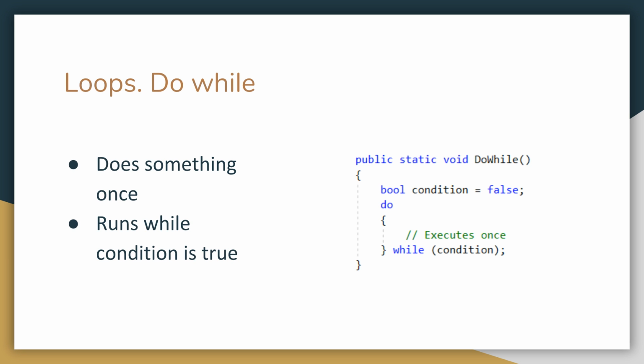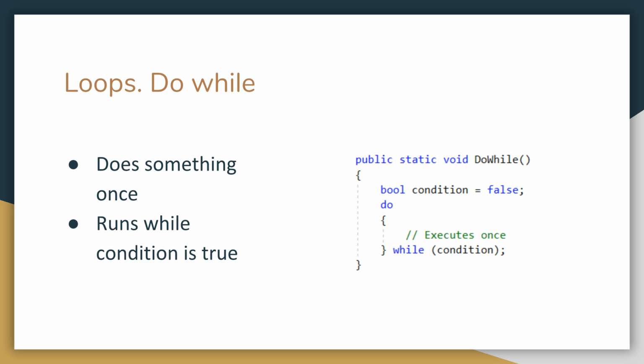And the last one we have is do while, and essentially do while is very similar to while, except it will execute some line of code once always, and then check the condition after executing it once.